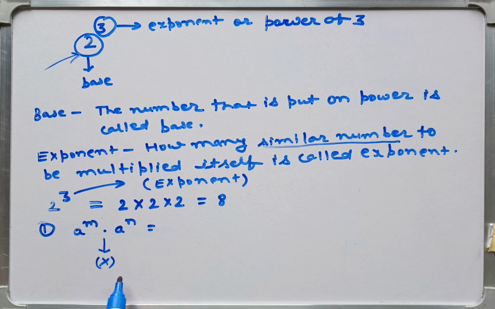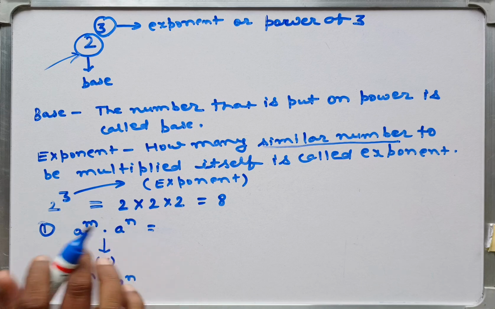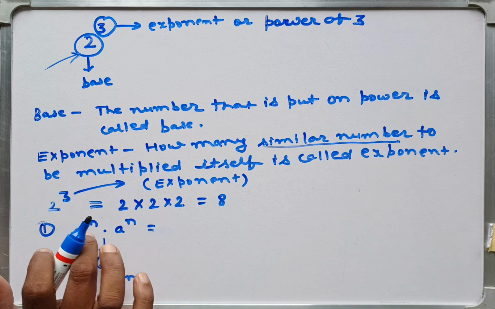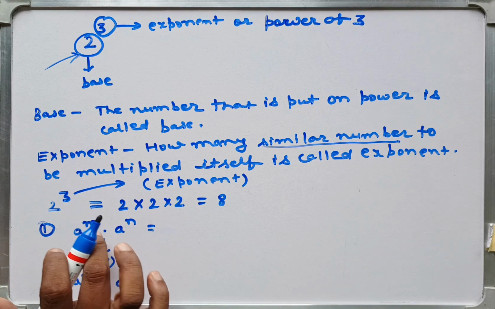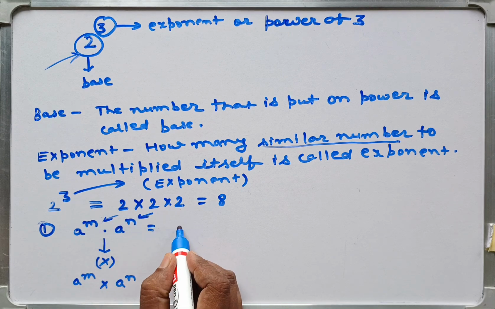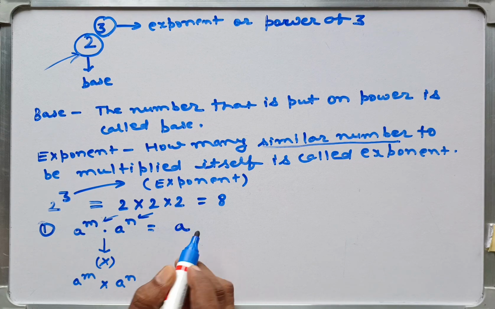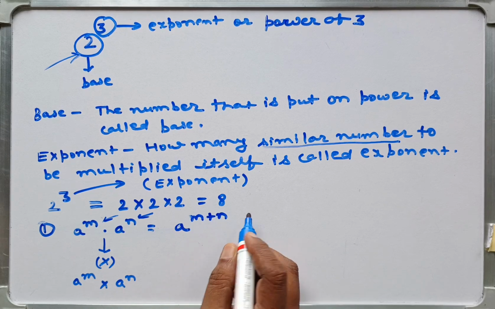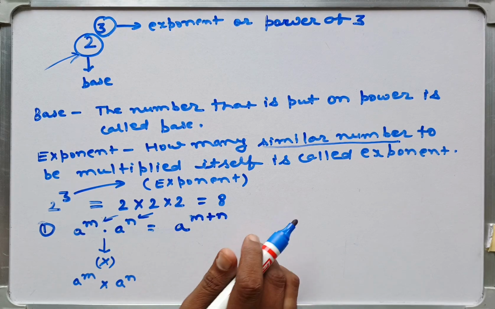You can also write it with a cross, a to the power of m cross a to the power of n. You can write it both ways. In such problems the base of the number is the same and it is raised by exponents, here m and n. So we can take a common as the base and add the exponents. This will be the solution.